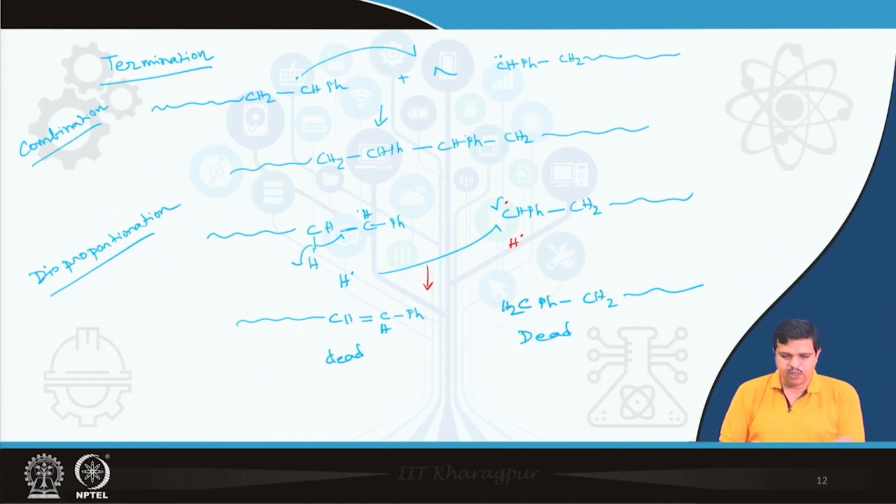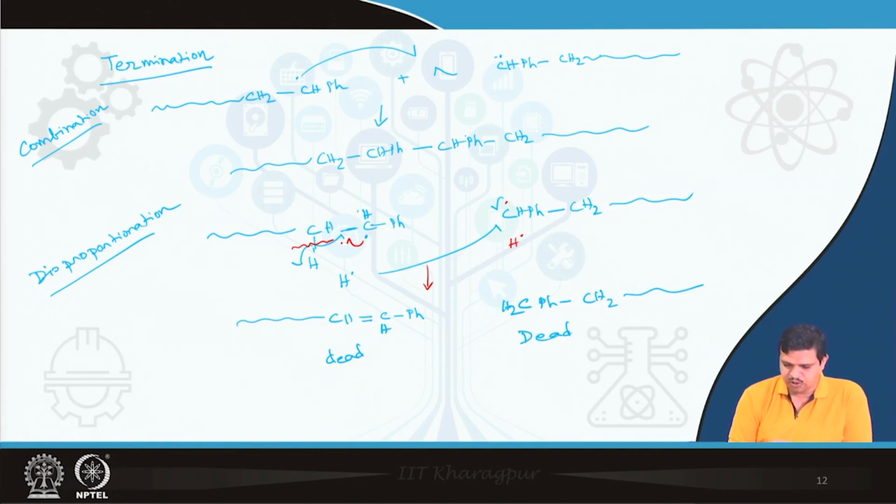So, I am just repeating again because there is not clarity in the drawing. In this disproportionation reaction you will see this is my radical. What happens is, there is a homolytic cleavage of this CH bond, and this radical, this free electron, reacts with the free electron available after the homolytic cleavage of the CH bond.